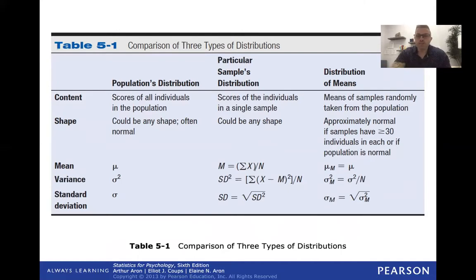Variance is the variance of the distribution of means, with an m, and how it finds that is it divides by n. It's the very same formula. And then the standard deviation is the standard deviation of the distribution of means. What you need to know here is that we assume the shape to be normal if there are at least 30 people in a sample.